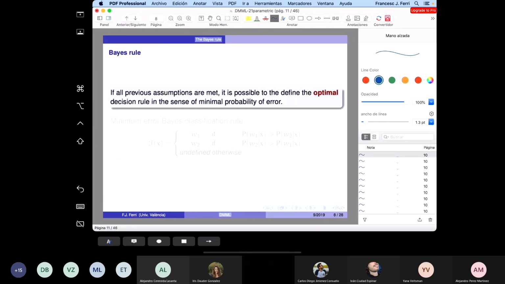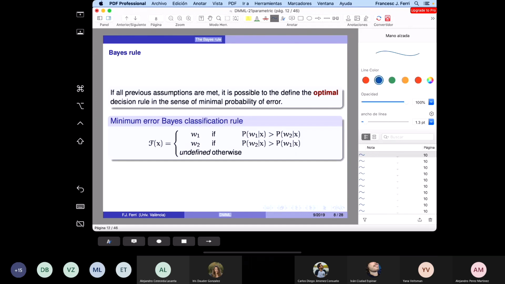This is what is called the Bayes rule, which is exactly this. The mapping from the input space or representation space to the classification space for any point x is equal to class 1 if the posterior for class 1 is greater than the posterior for class 2, is class 2 if the posterior for class 2 is greater than the posterior for class 1, and it's undefined otherwise.